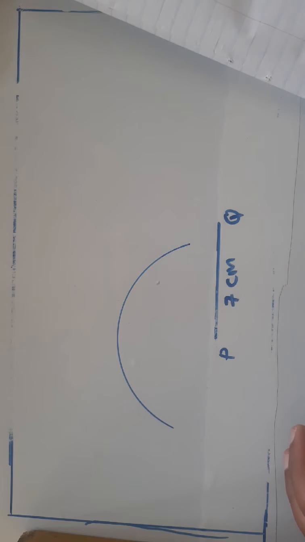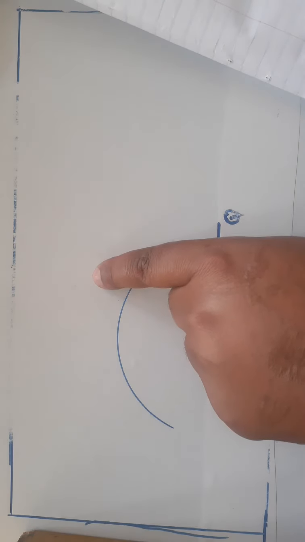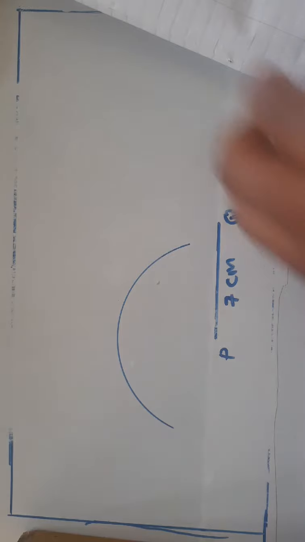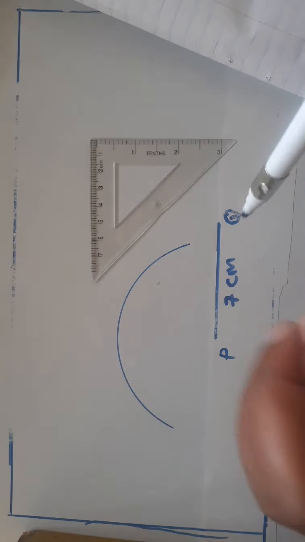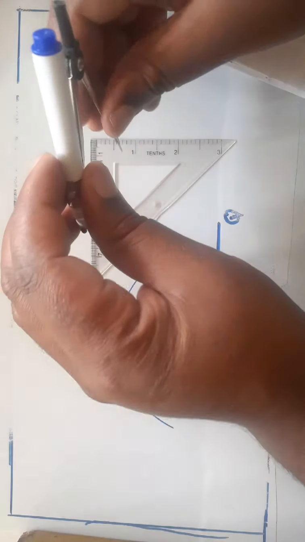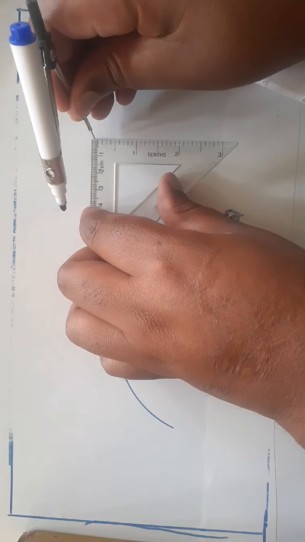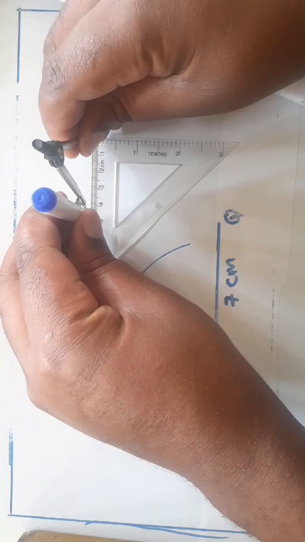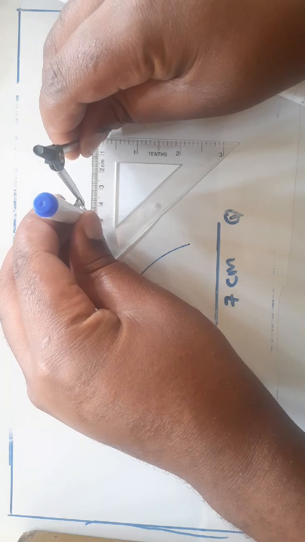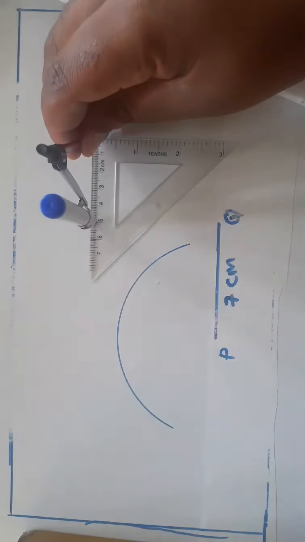That's all. Then again, we need to measure QR. So Q here, R is somewhere there. Again, you measure 5. You start from 0 and extend it up to 5. I hope you're able to see.